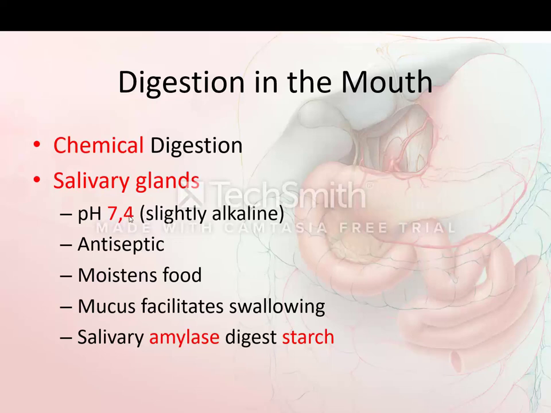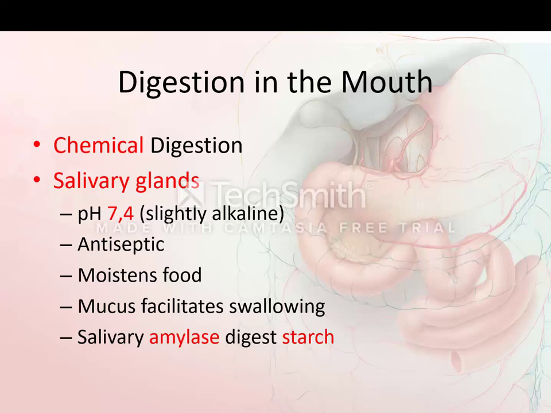It's just slightly alkaline, slightly more basic, but basically negligible. And so therefore it's not going to do any digestion of hectic foods. It's only going to start to break down food. Salivary amylase can only break down starch, and not a lot. It only starts to break starch down.